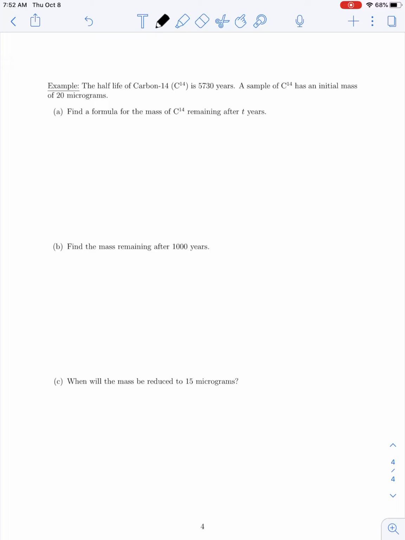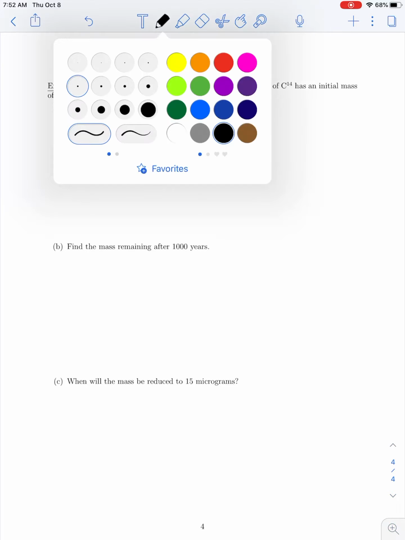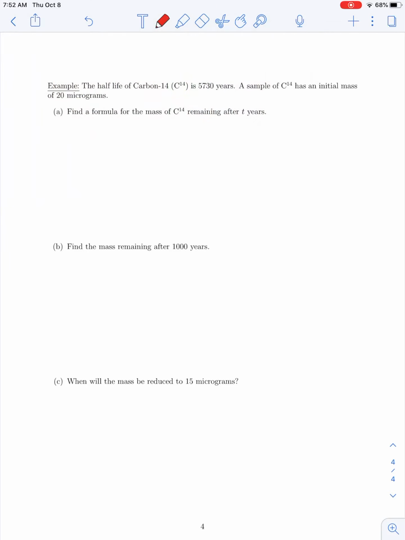So as an example of this exponential decay model, let's look at the following problem. We're told that the half-life of carbon-14, which is denoted as C14, is 5,730 years.